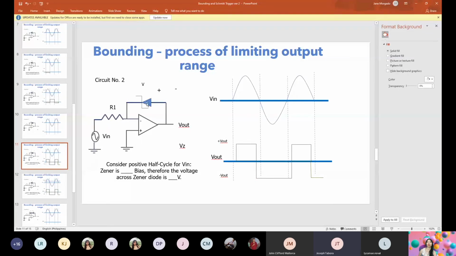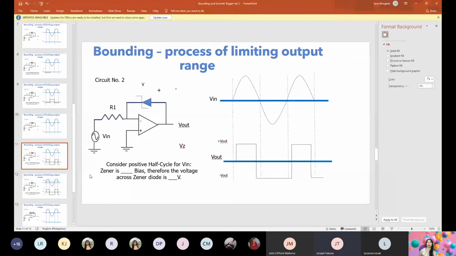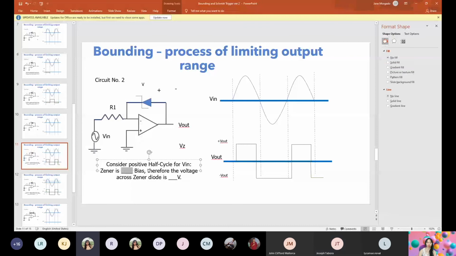Reverse. If you have a positive input, the zener is in reverse bias.